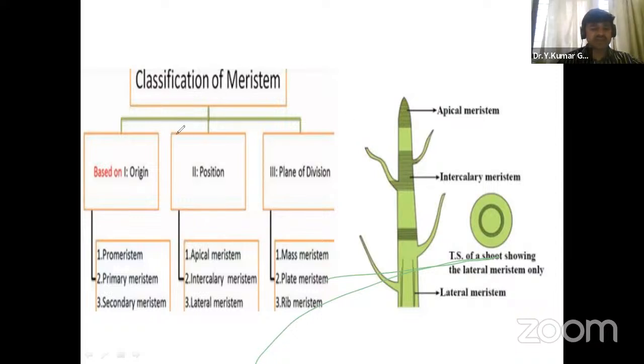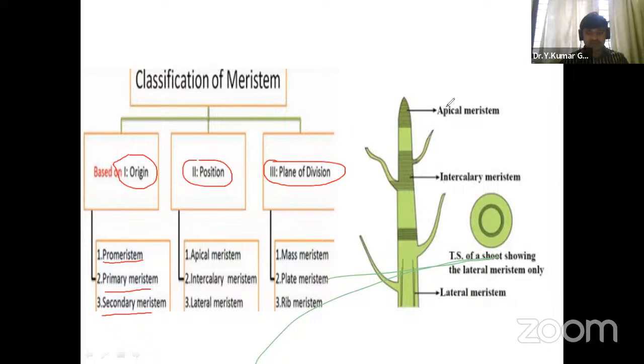This is the classification. The meristem classification is based on origin, position, and plane of division, in three manners. First, based on origin: promeristem, primary meristem, secondary meristem.